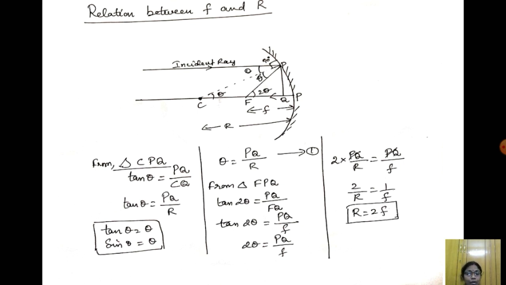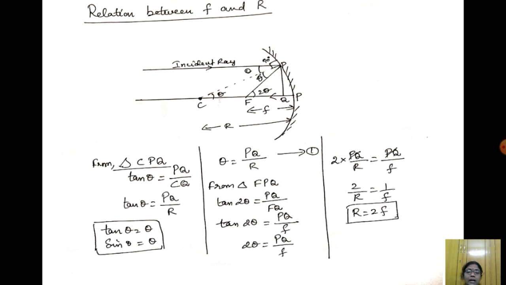Now in optics, whether it is tan theta or sin theta, it can be approximated to theta itself. So I can put tan theta equal to theta. So theta will be equal to PQ by R. Now we consider another triangle, FPQ.